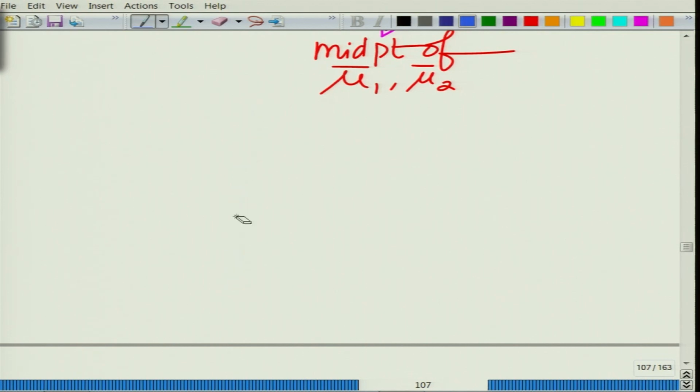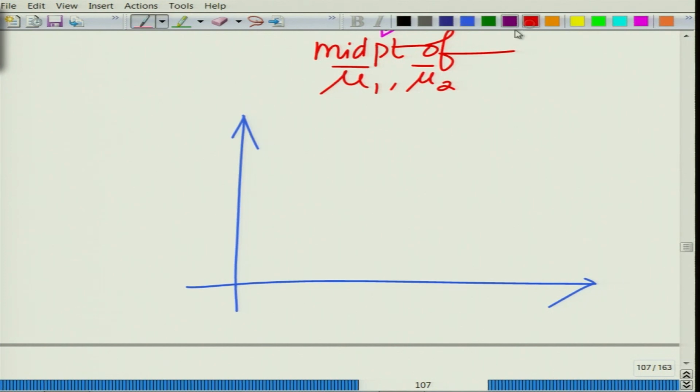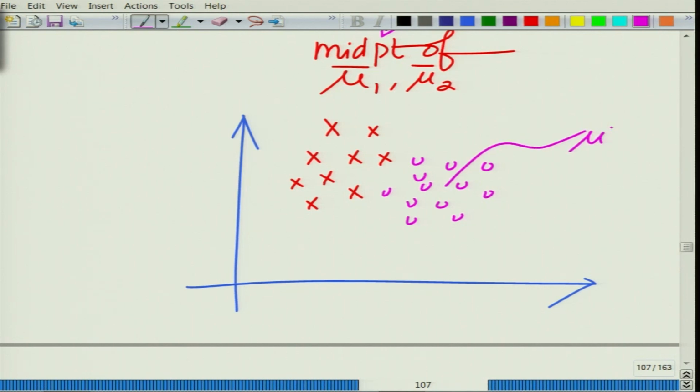If you look at these two Gaussian classes, let me just draw the picture again and show you. So, you have these two Gaussian classes, and this one has mean mu 2 bar, and you have the mean that is mu 1 bar.